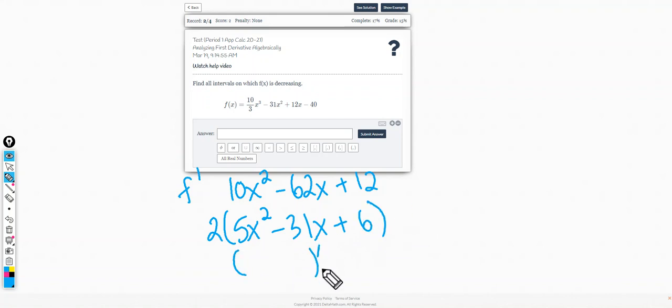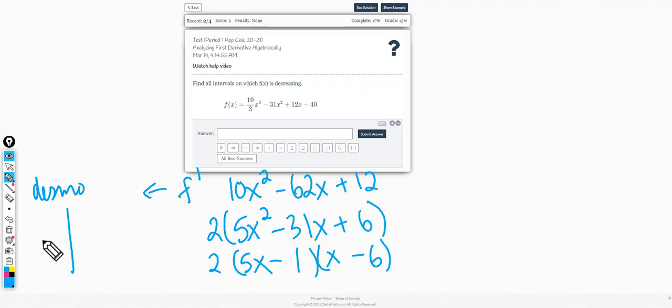Okay, so I'm going to do some factoring. Okay, so my zeros, all right, so I'm going to go over here and check Desmos. And let's see my number line. So here we've got +6, and we've got +1/5.